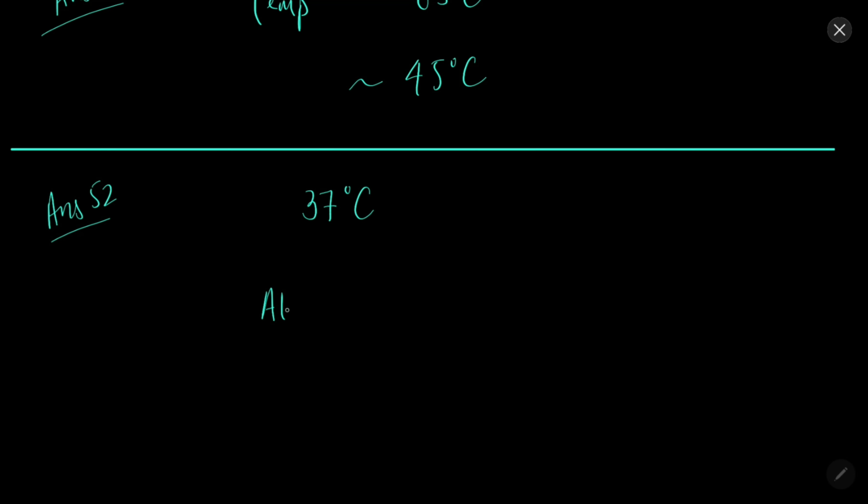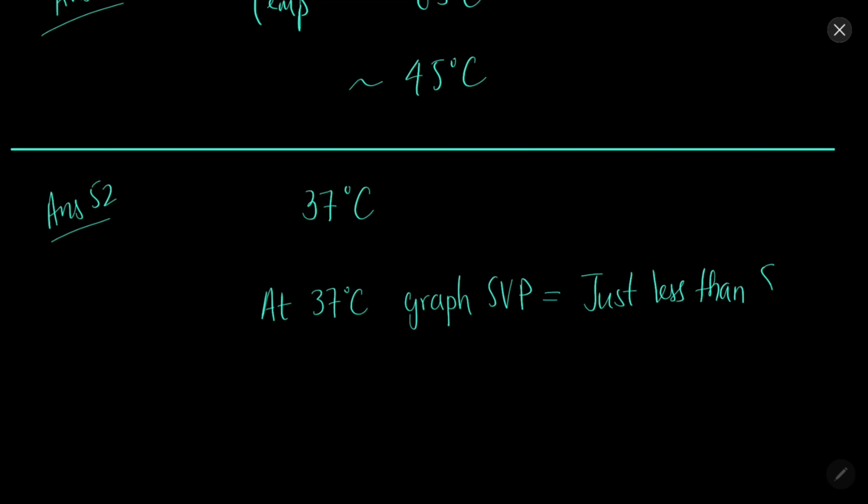So at 37 degrees Celsius, the graph of SVP is just less than 50 mm. So minimum pressure to prevent boiling is 50 mm of Hg.